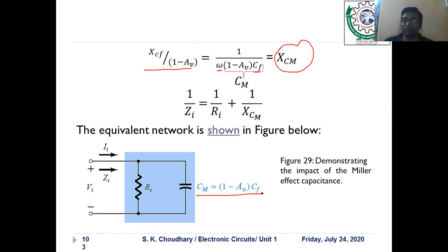Here we are defining the input network. So CMI is 1 minus AB CF, and that appears across Ri, parallel to Ri. Okay, note it down please.